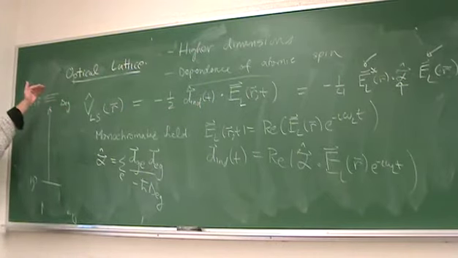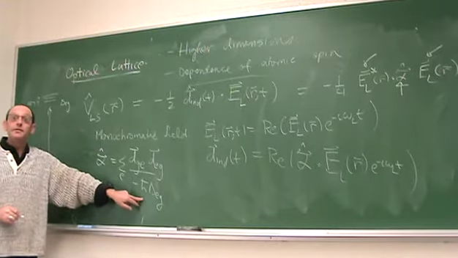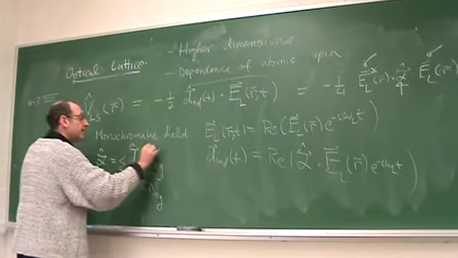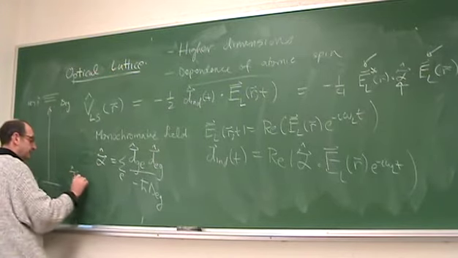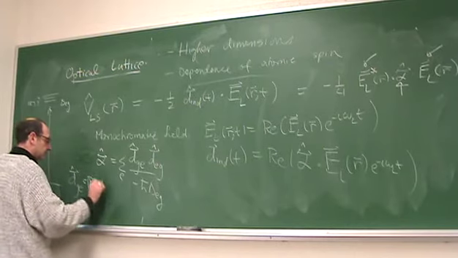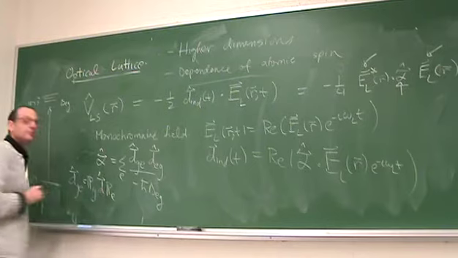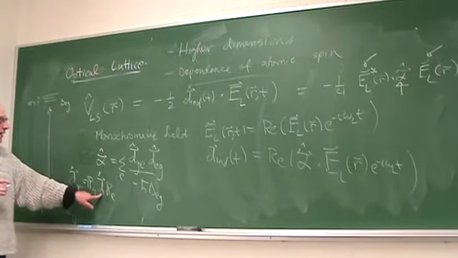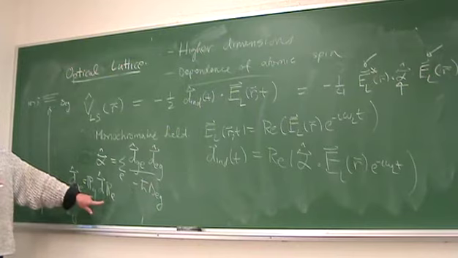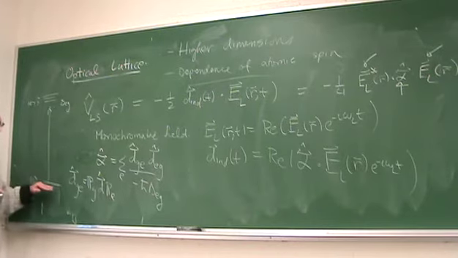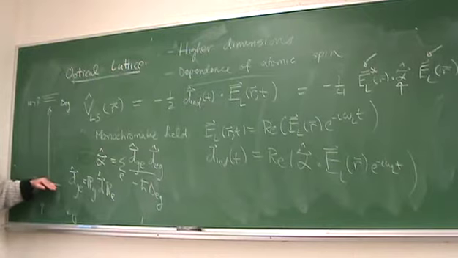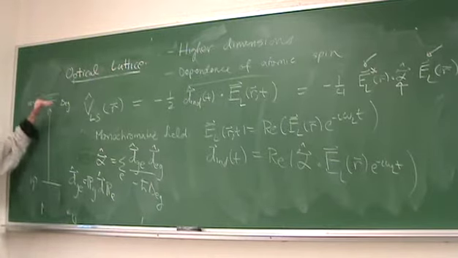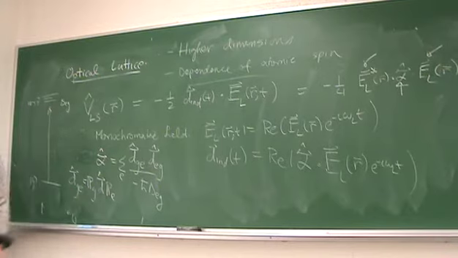It could be a different detuning. So I have to sum over all the possible excited states. Here, these dipole operators, as we studied in homework, are related to the dipole operator projected between some potential manifold of ground state levels and excited state levels. So I might have different magnetic sublevels in the ground state and different magnetic sublevels in the excited state, and I have to think about the projection between all of them.